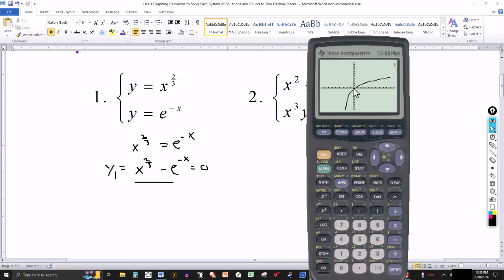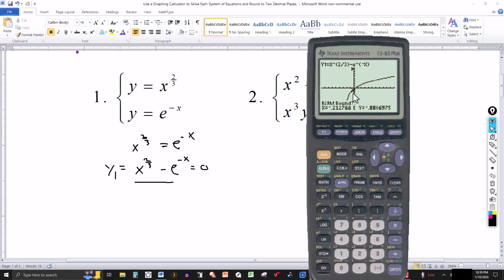So this point right in here where it intersects the x-axis, that's the point of intersection of the curve and the x-axis, which is going to give you a 0, which will lead to the x-intercept. So let's go to second, trace. Here we want the 0. So hit 2, and then left bound, somewhere over here, hit enter.